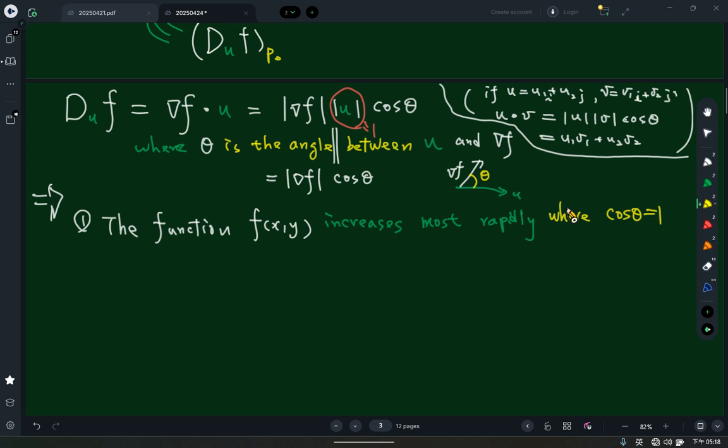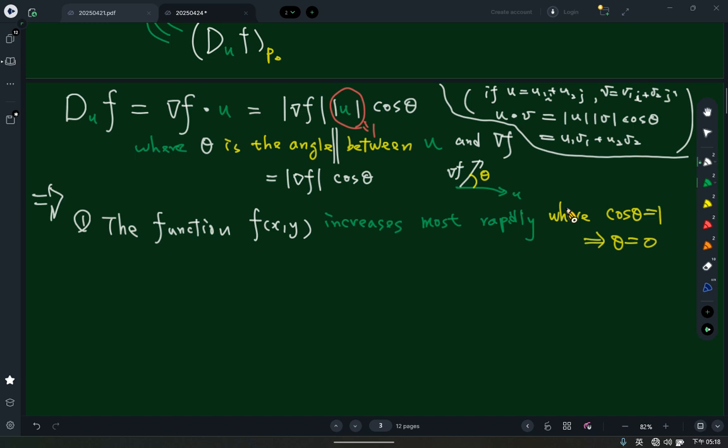If we say rapidly, that means it's about the change in speed, right? So if we can increase most rapidly, cosine theta must be 1. So if cosine theta is 1, that means theta is 0.